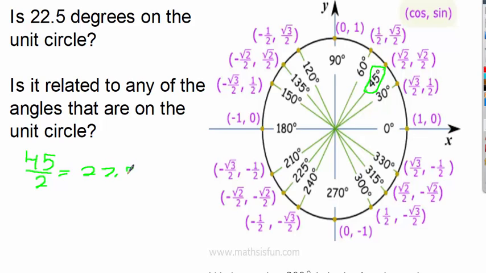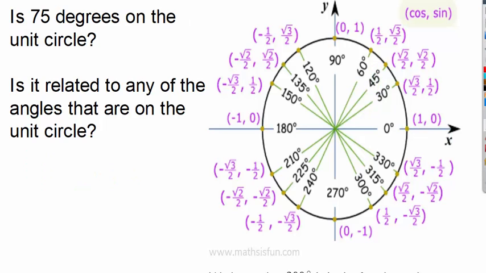How about 75 degrees? Well, 75 is somewhere about in here. I could take these two and I could add them. And that would get me the one I want.